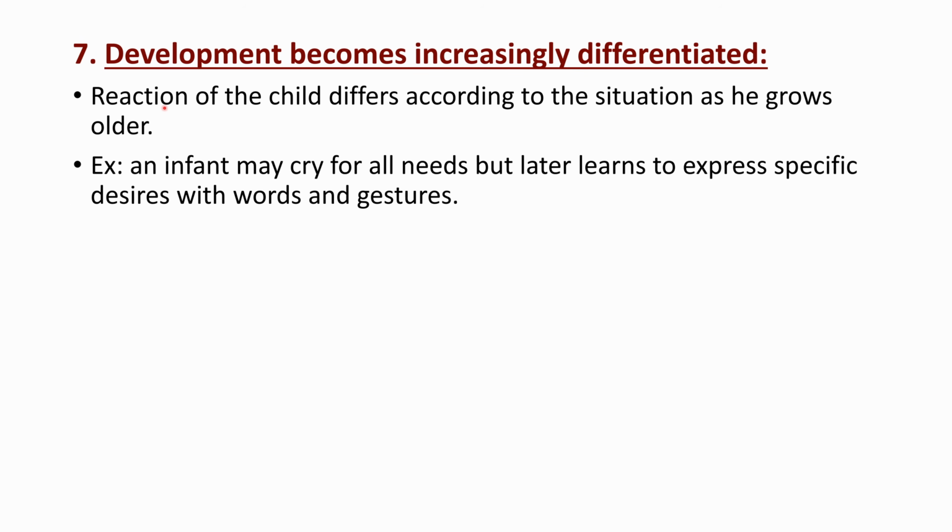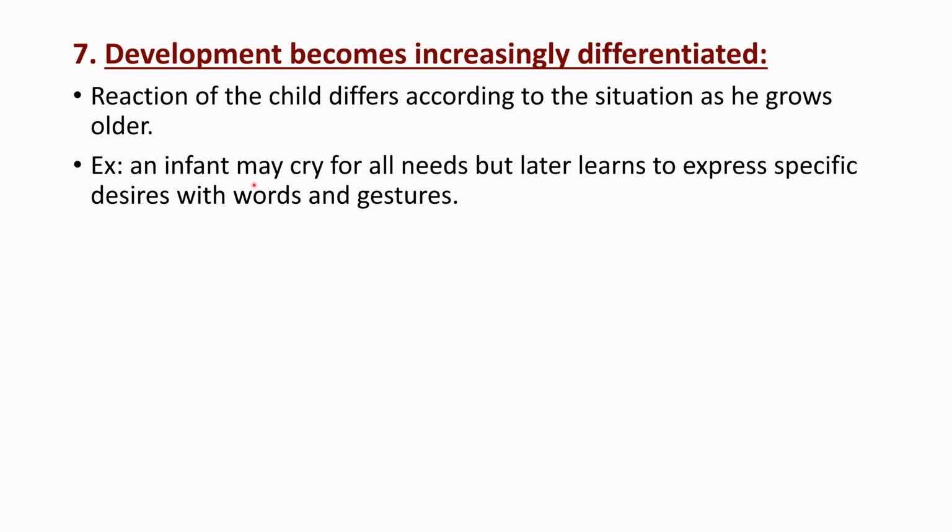The seventh principle is that development becomes increasingly differentiated. The reaction of the child differs according to the situation as he grows older. So what does this mean? As the child grows older, the child's responses and reactions become more specific according to different situations.